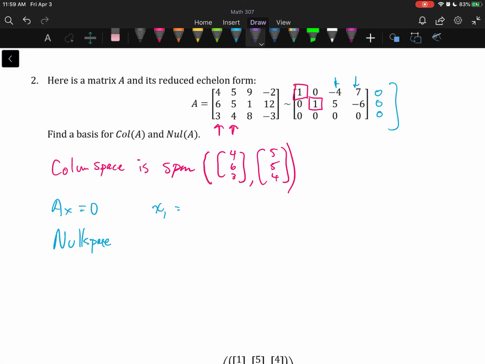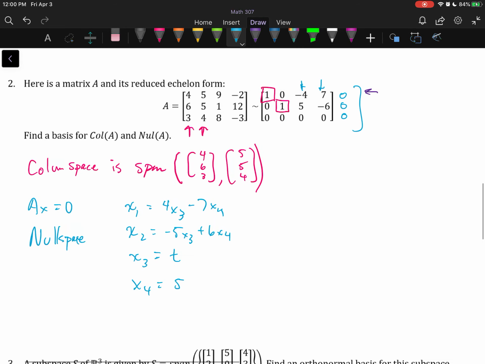So I'm looking at the first row here. x1 would be 4x3 minus 7x4. x2 would equal negative 5x3 plus 6x4. And then x3 would be a parameter and x4 would be a parameter. You could call them t and s, or keep calling them x3 and x4 if you want.